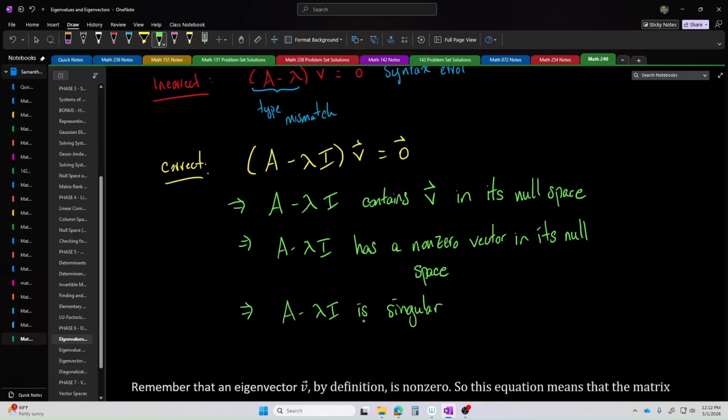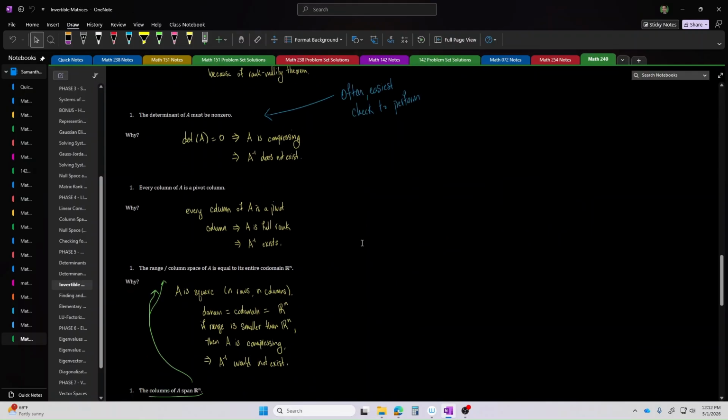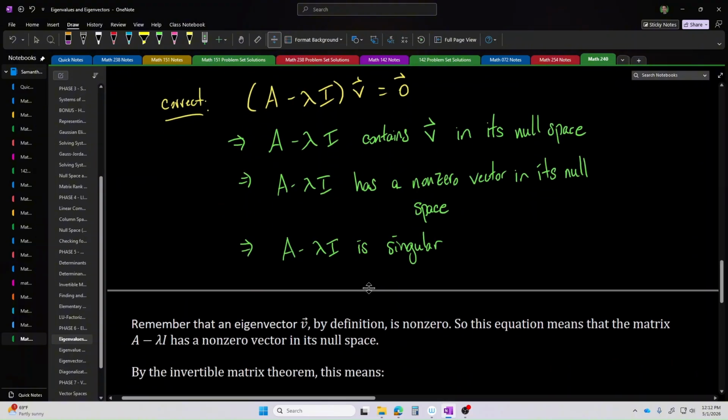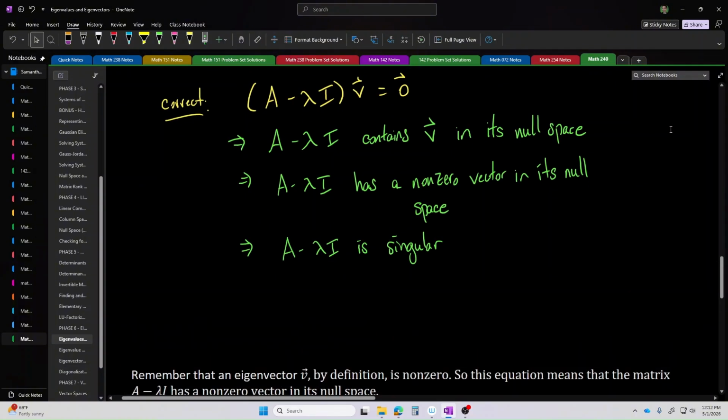And because this matrix is singular, again, going back to the invertible matrix theorem, a singular matrix has a determinant of 0. And so here is the major takeaway and the major conclusion from this work that we've done.